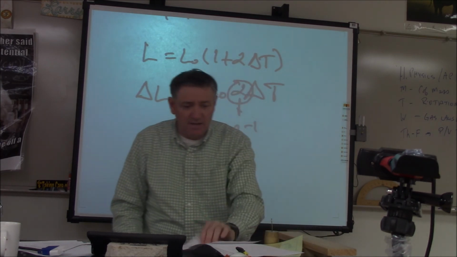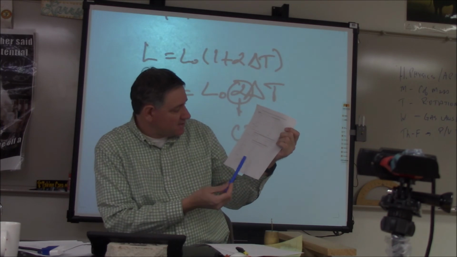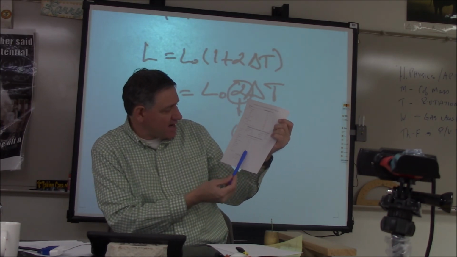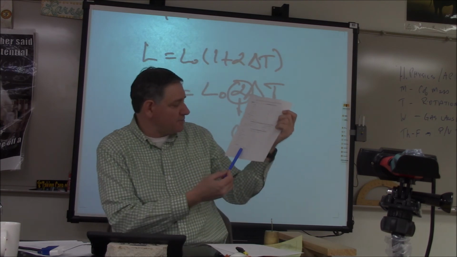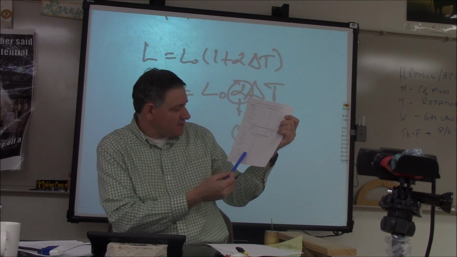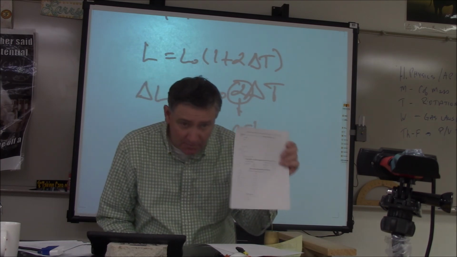Now also down below, if you look on this chart, you've got aluminum, brass, concrete, all these different values of thermal expansion. I want to point out one thing. If you look at ice, ice has the biggest value of thermal expansion.